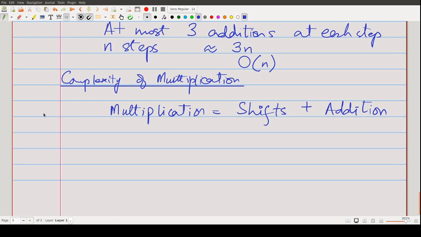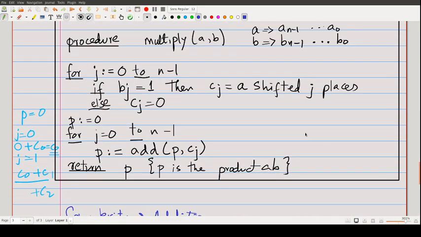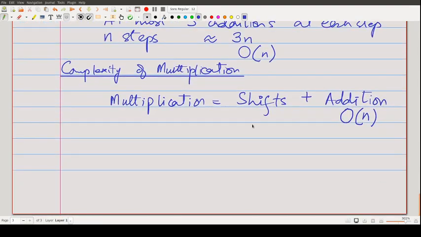If you are adding n minus 1 digits, we know that this is of complexity O(n). How many shifts are you doing? The number of shifts is going to be at max one shift for every n, so we have n minus 1 shifts.